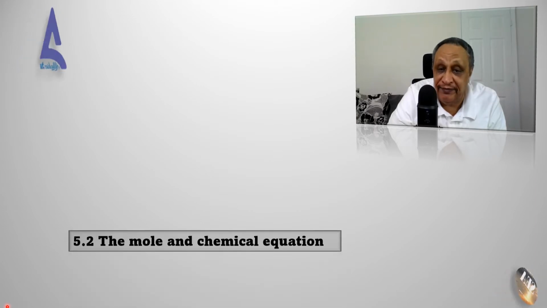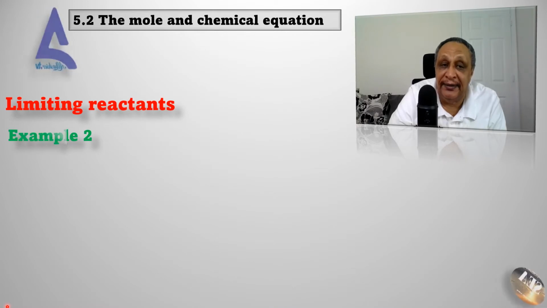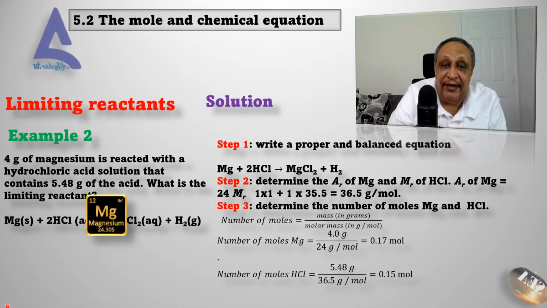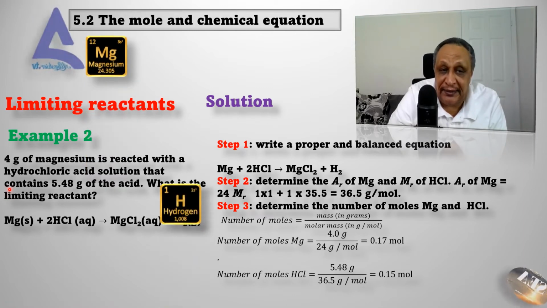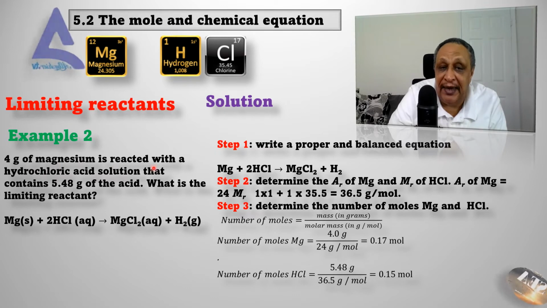Now, the second example is very easy, and we are going to apply everything one by one to it. The second example says that 4 grams of magnesium is reacted with a hydrochloric acid solution that contains 5.48 grams of acid.